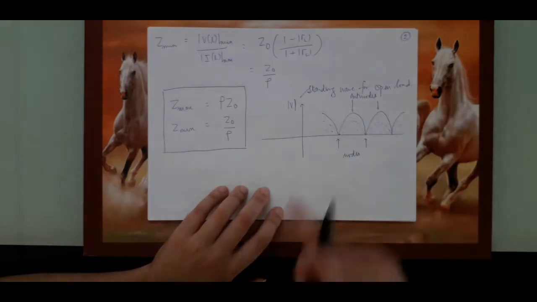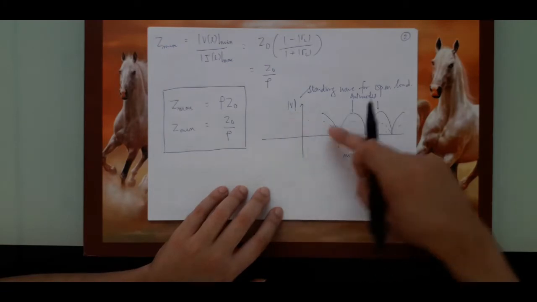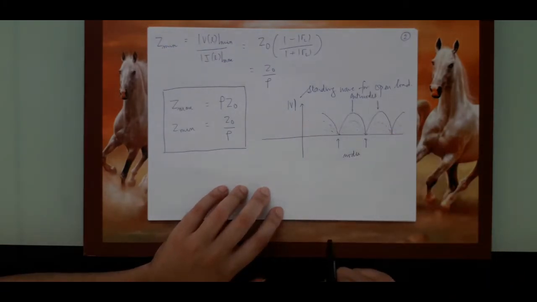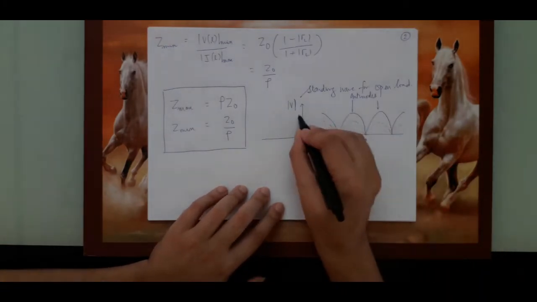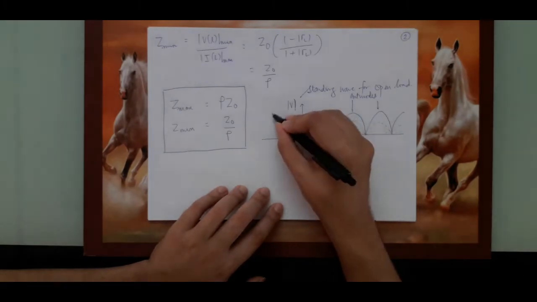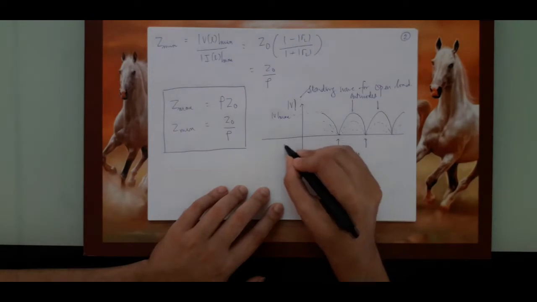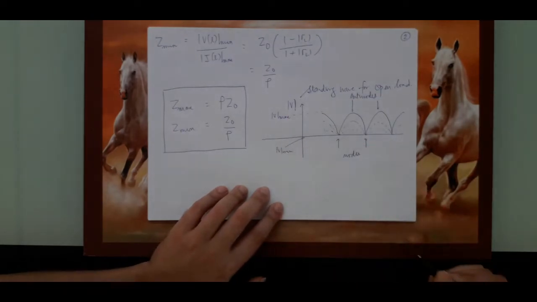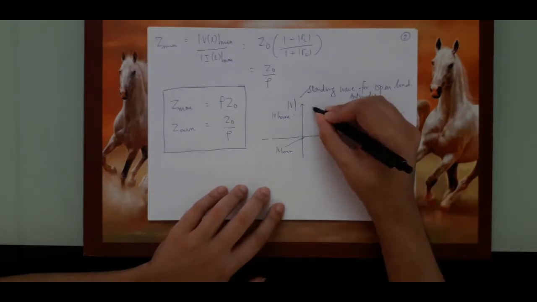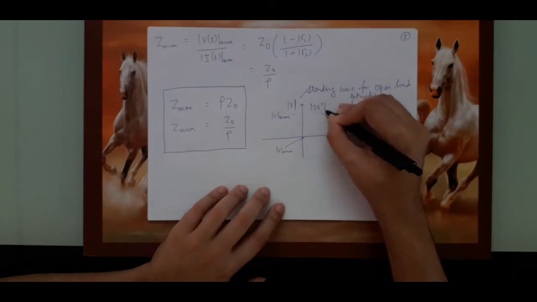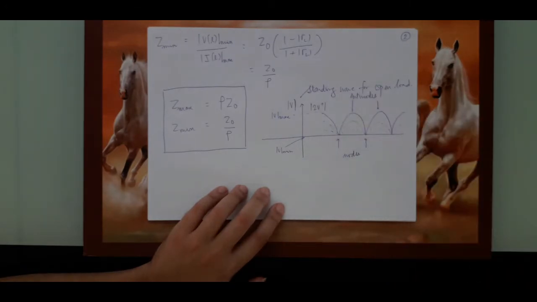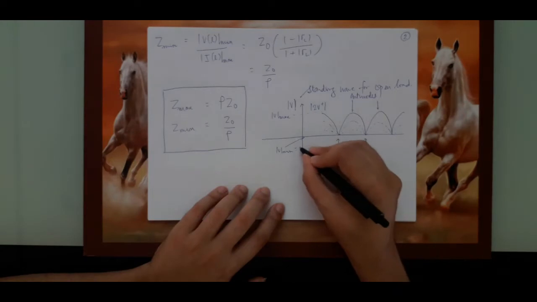Remember, unlike last time, I am showing you the mod only. Actually, it will go even negative. So I can say that this is mod V max. And this is mod V min. So this is nothing but mod of 2V plus, and V min is nothing but 0.